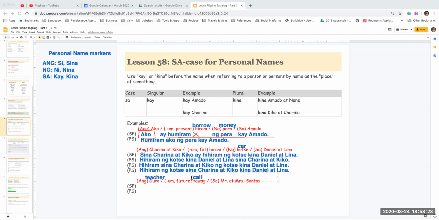And because we're going to say it's future, how do we form the future of tawag? Like hiram, you will repeat the first syllable plus the root word. Tatawag. Yes, okay. And we have the sa. There's no object here. We just have the recipient, the sa case. So let's try that.